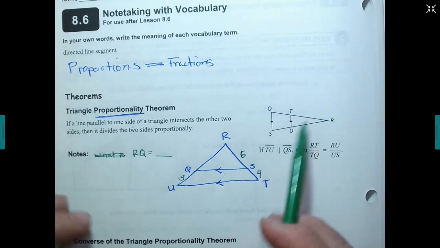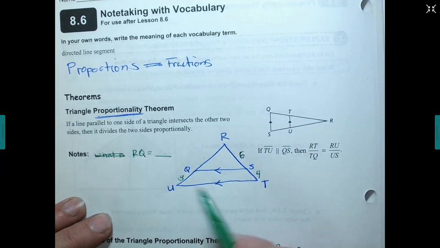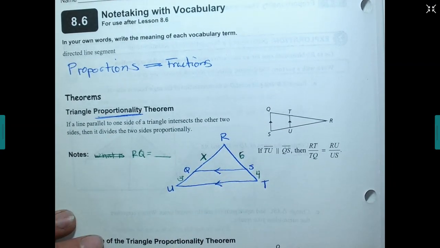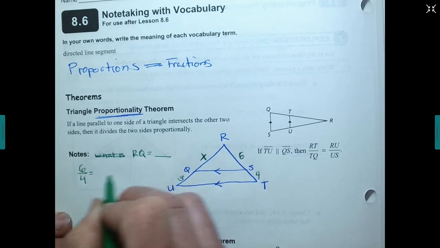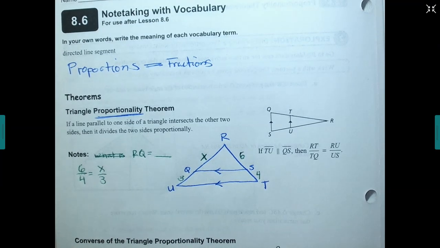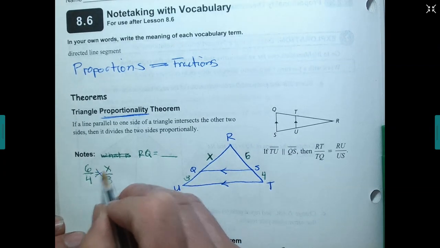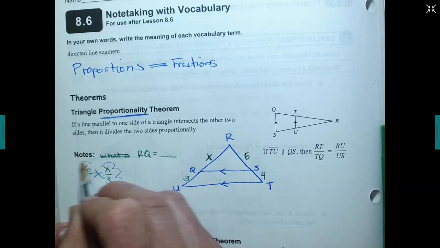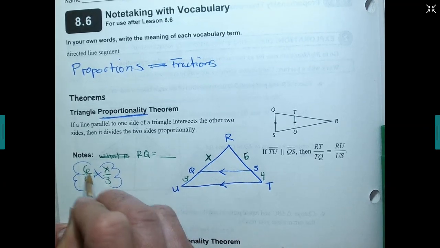Well, we learned from this proportion that if we do this over this, it equals this over this. So this is our unknown, so we're just going to call it X because that's easiest. And so we're going to go 6 over 4 equals X over 3. I heard some of you calling this the butterfly or cross multiply, whatever you want to call it. So we have 4 times X equals 3 times 6.